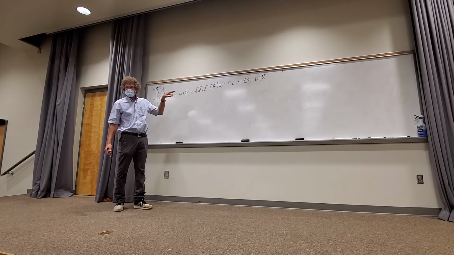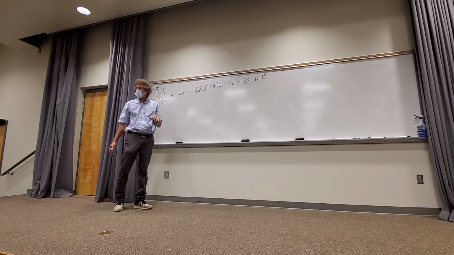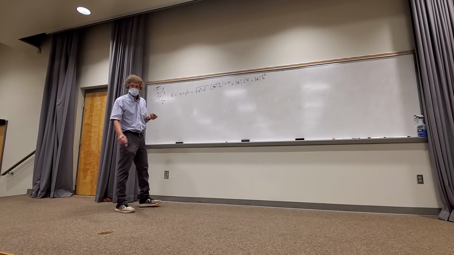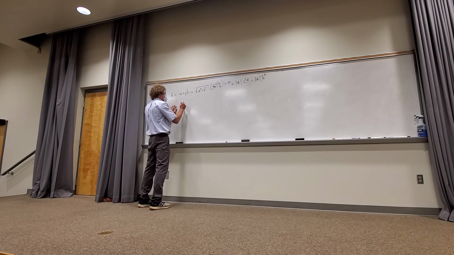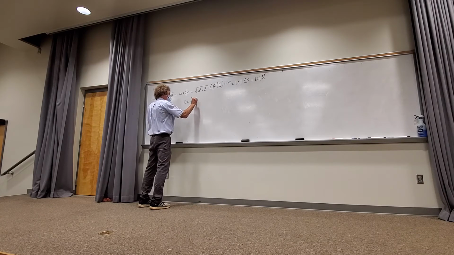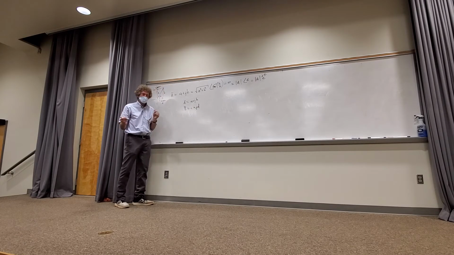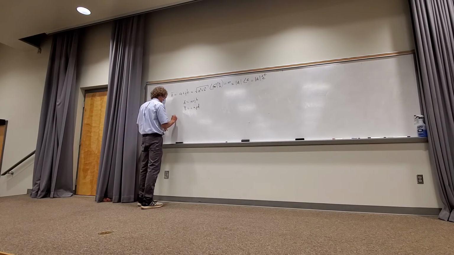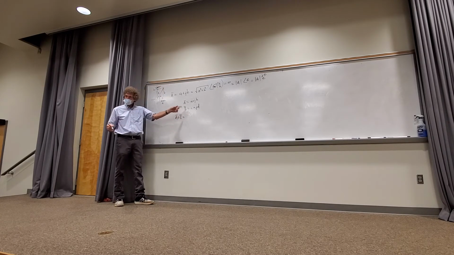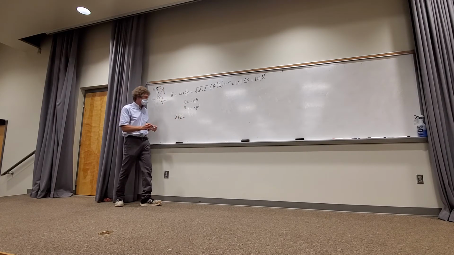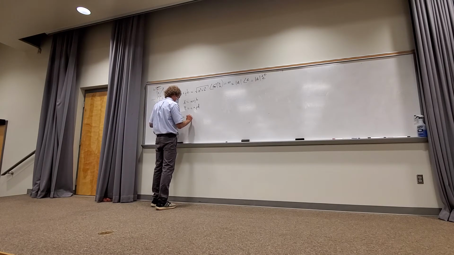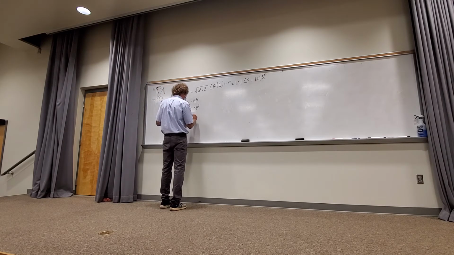Got it? Now, if we add two complex numbers, if you have A is equal to A plus JB, and B is equal to C plus JD, we're going to just add them. So if we add A plus B, the only thing that happens is you add the real components, A and C, and the imaginary components.